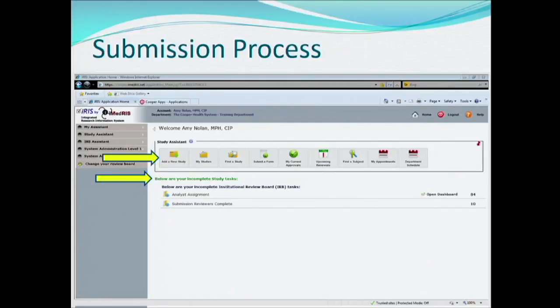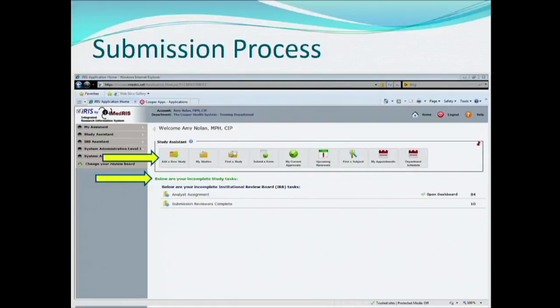So as you start to think about what your research is going to look like, you develop your hypothesis, your purpose, your design, all that good stuff, then you can go into iMeasures and start to work through the study application or the submission process. To do that, you would log on, and this is what your main screen looks like.